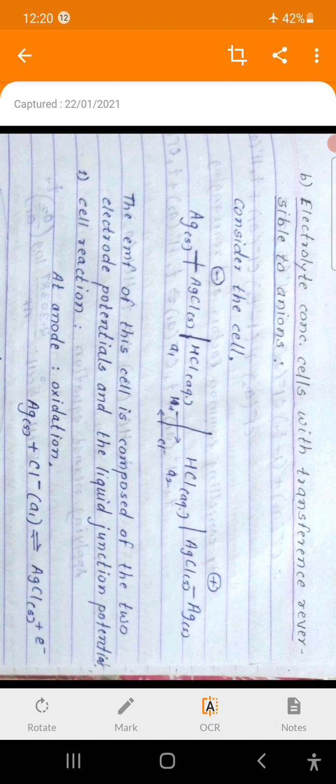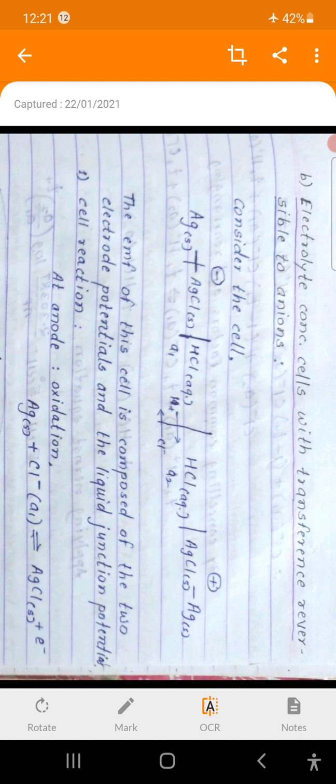Here the electrode is changed: instead of a platinum gas electrode, the electrode used is silver coated with silver chloride, that is, a metal and its sparingly soluble salt. The silver rod is coated with its sparingly soluble salt, silver chloride, and dipped in HCl at one side having activity A1, and on the other side in HCl electrolyte having activity A2, where the same silver chloride electrode is dipped.